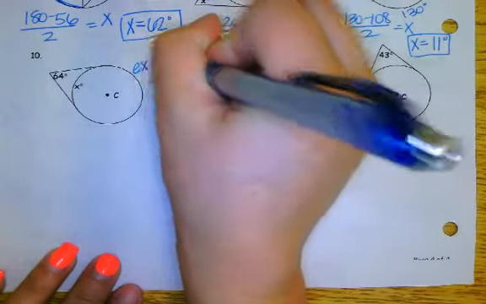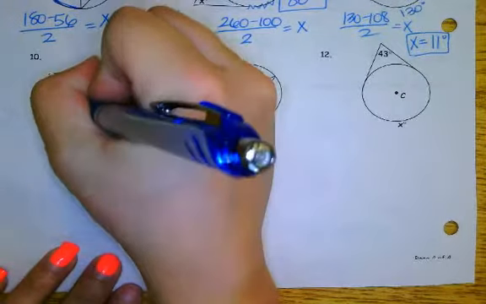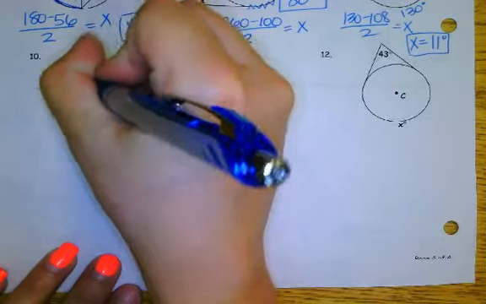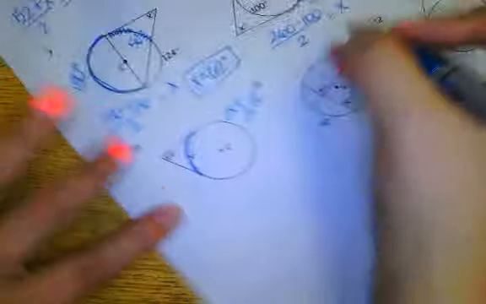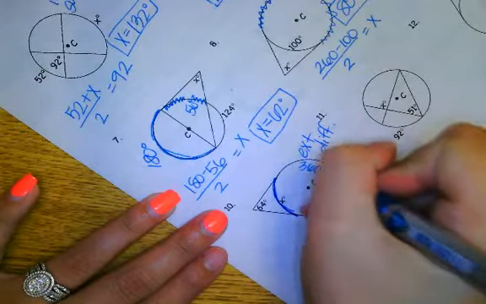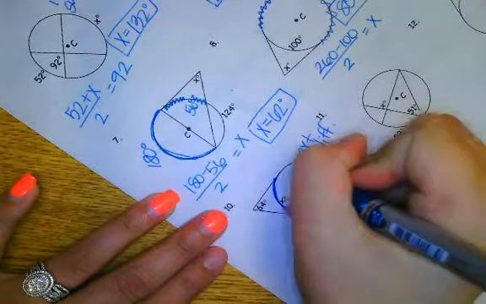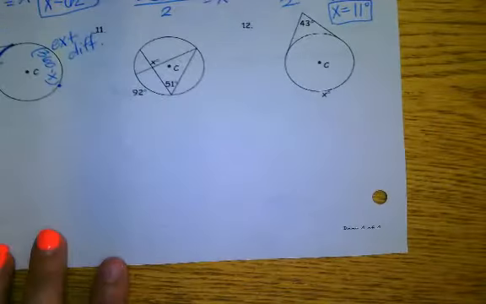If this intercepted arc is labeled x, how would you label your major arc? 360 minus x. It is not 360 plus x. It is 360 minus x.